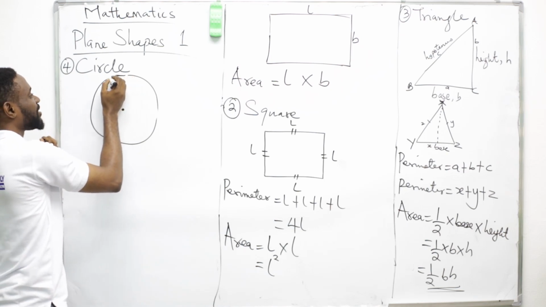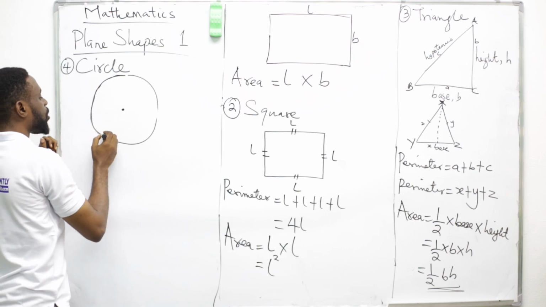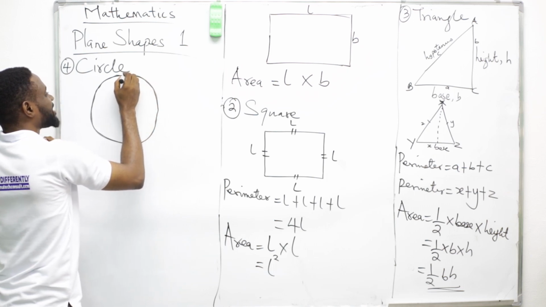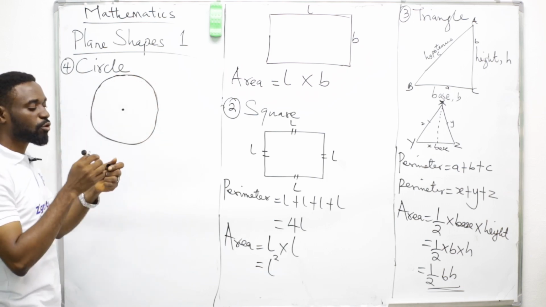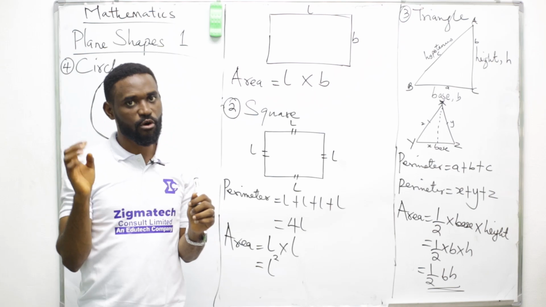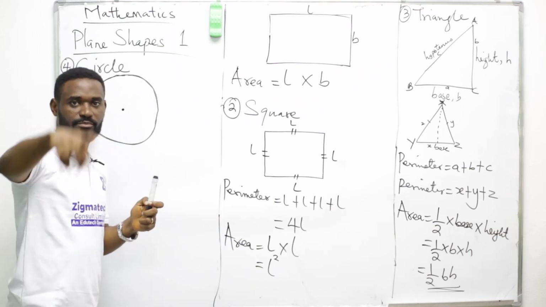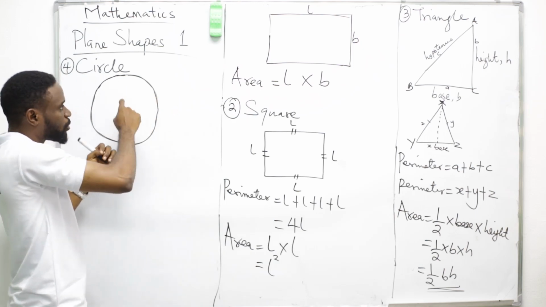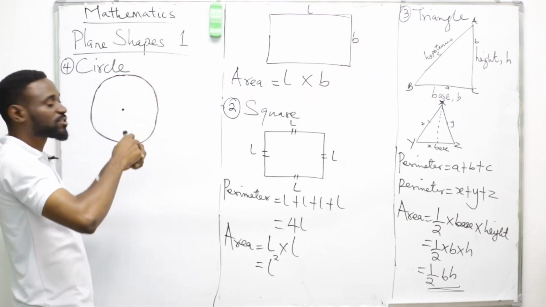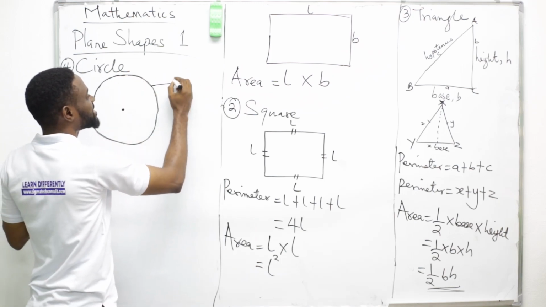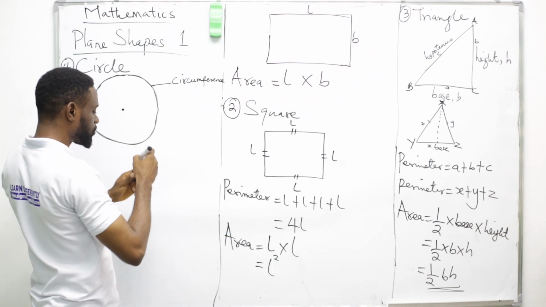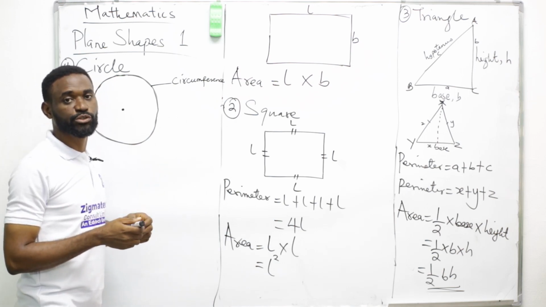This curvy line runs from this point and joins the point where it started. Once that complete revolution is done, we say that a circle has been formed. That circular part that is drawn and meets the point where the line started is called the circumference. So this place is the circumference. Do you understand?